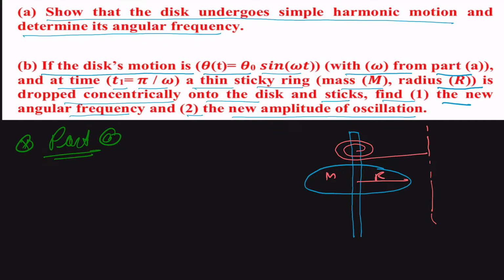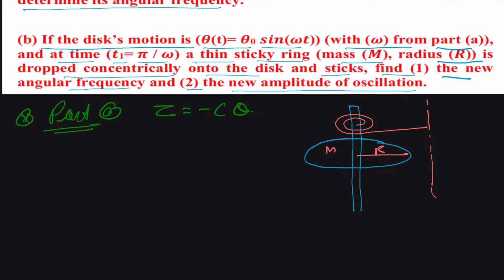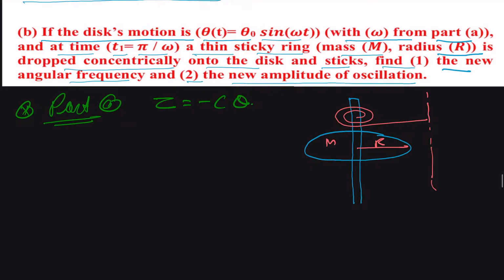So for part A, the restoring torque is given to us: tau is equal to minus C theta. And we can also write the rotational equation of motion.